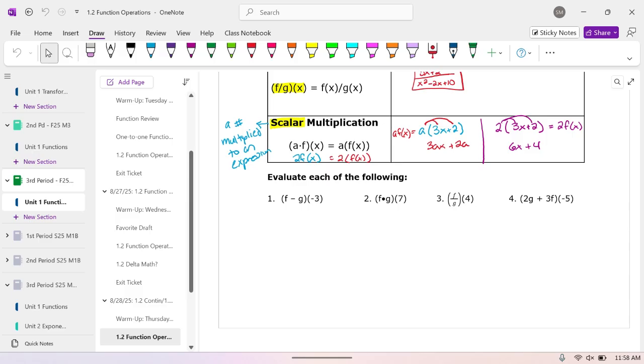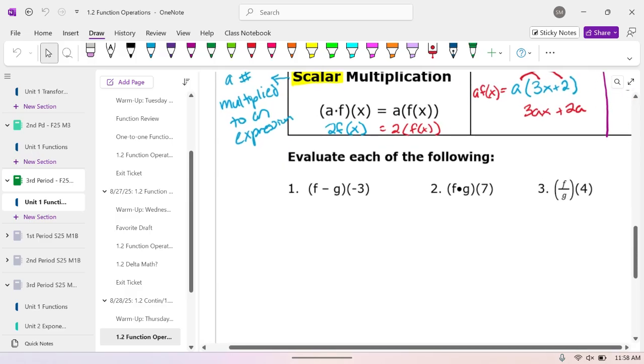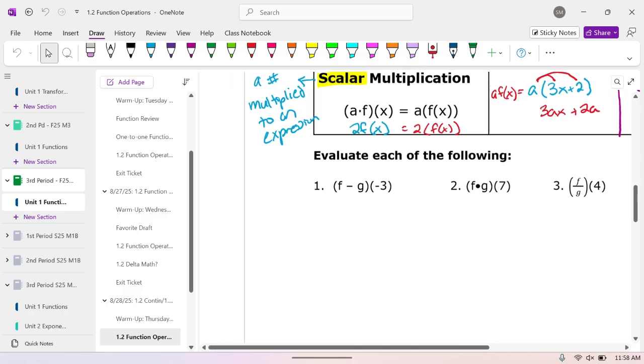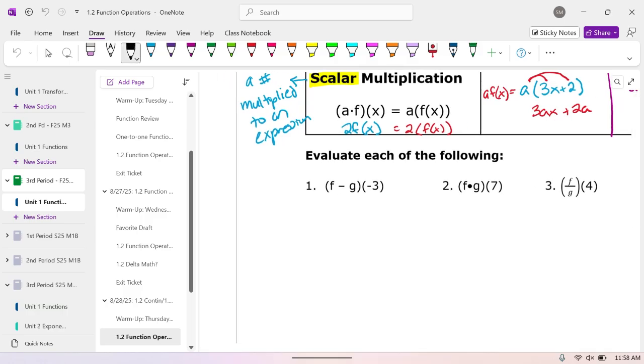All right? So basically, just like I said, there's two ways to do them. The first way is to do the operation first, just like within the functions, and then plug in for x.